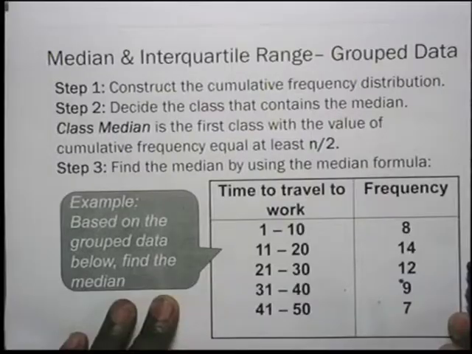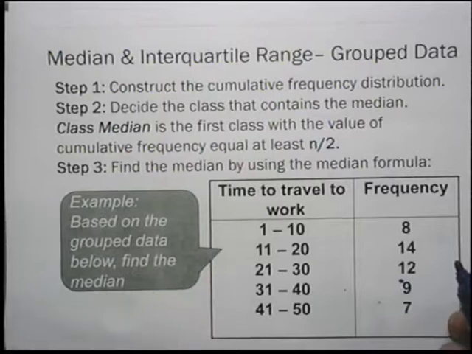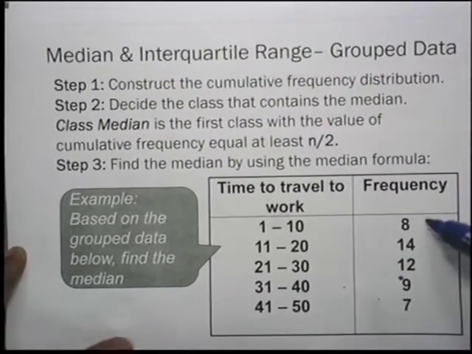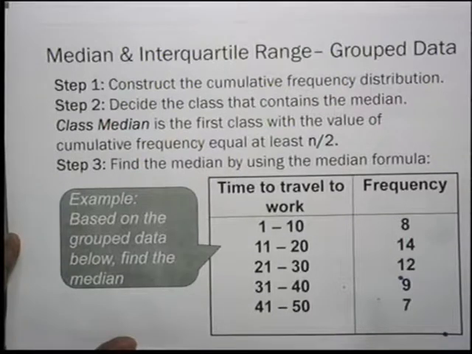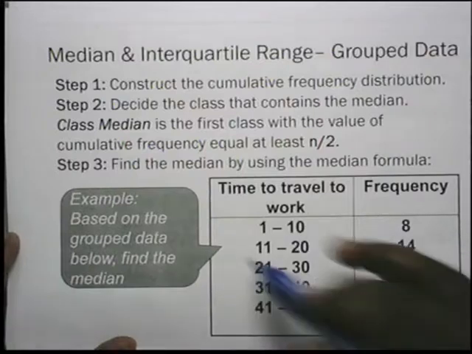Now, how do we go about calculating the median? We've got 3 steps that we must follow. The first one is we need to construct the cumulative frequency of the distribution. We are given the frequency, so we'll need to come up with another column and calculate the cumulative frequency from this given data.